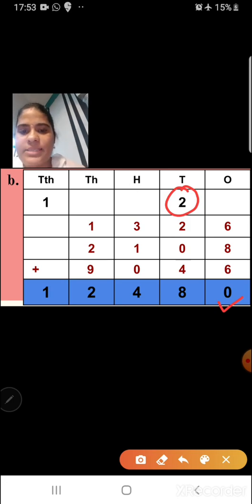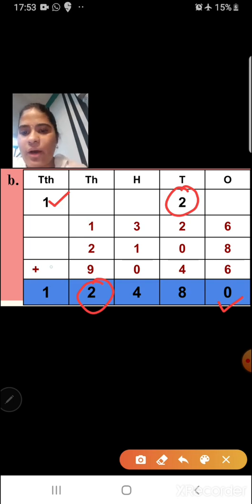In hundreds place we have 3 plus 1 plus 0, which is equal to 4. Again in thousands place we don't have any carryover. We have to add 1 plus 2 plus 9, which is equal to 12. So 1 will be carried over in the 10,000s place and 2 we will write in thousands place.